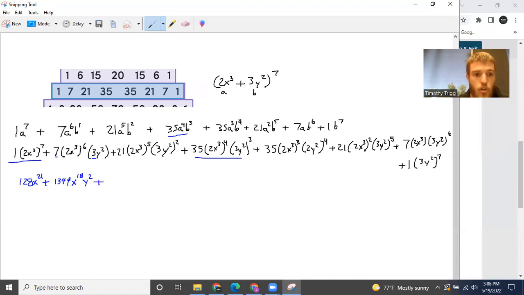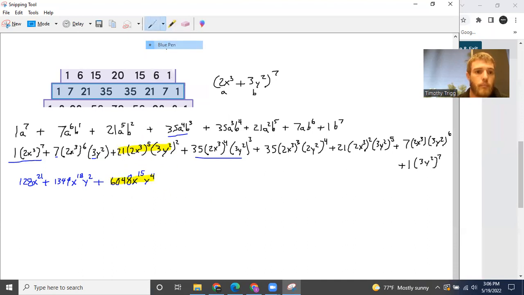Plus the next term, 2 to the power of 5, and then times 3 squared, that's 3 times 3. And then we also have a times 21 here. That's in the front. So that's 6048. Then we're going to have x to the power of 3 times 5 is 15. And then we have y to the power of 2 times 2, which is 4. Okay. I hope you're following along, but basically this one gives us this one, right?